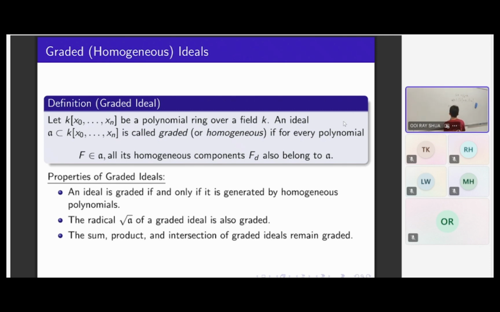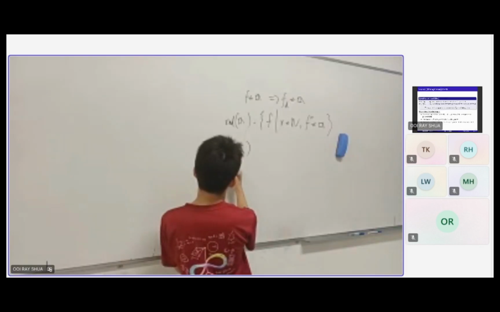And to argue that, that would imply that f to the r is also in A for all r.